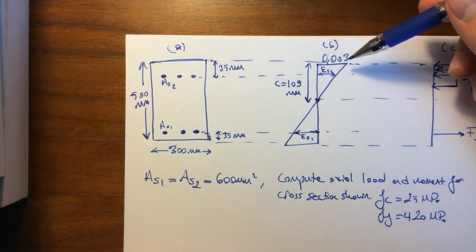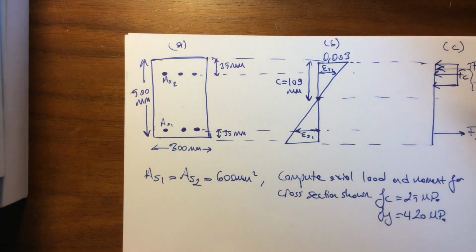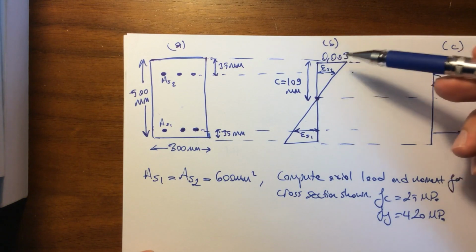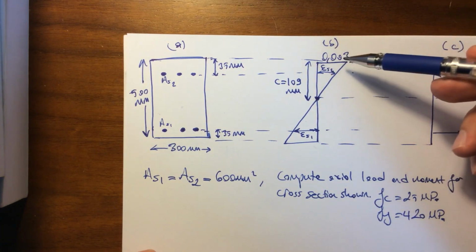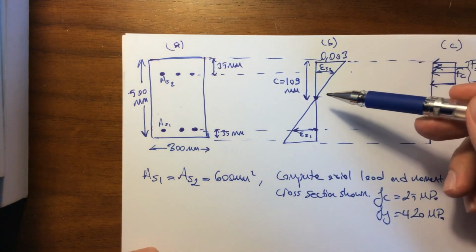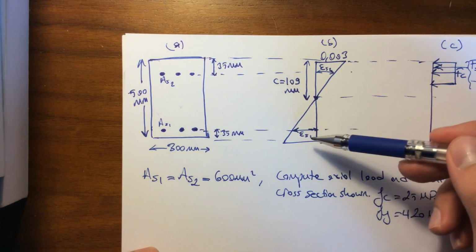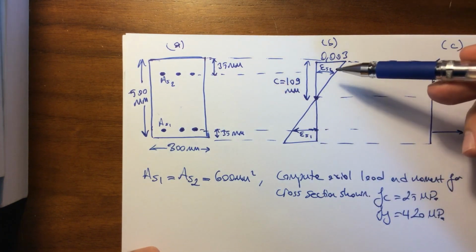So figure B is showing the strain distribution in the cross section. The concrete's strain in the uppermost fiber is equal to 0.003, given in the question, and we are required to calculate the strain in steel layer 1 and the strain in steel layer 2.